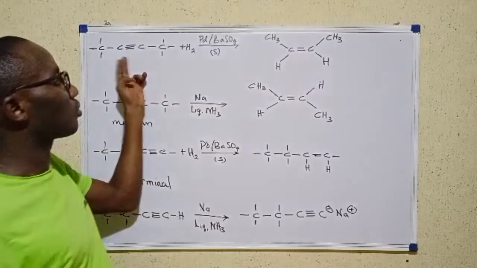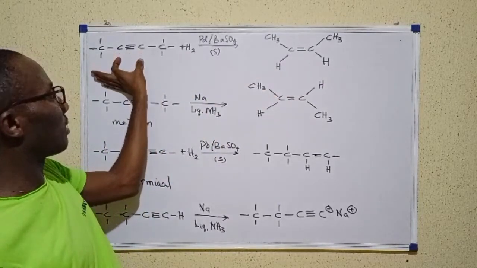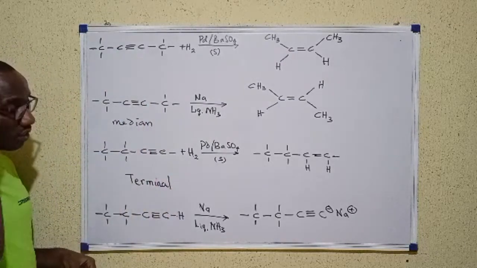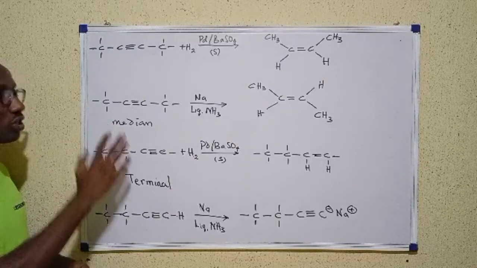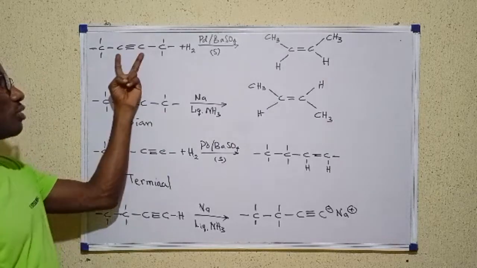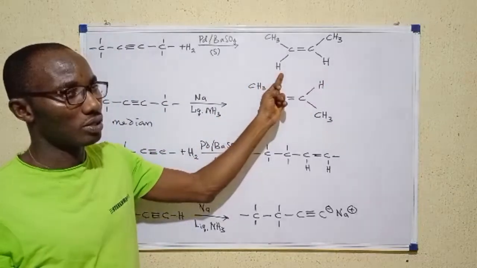And if you check what has really happened here, hydrogen has been added. So as a matter of fact, the reaction we are looking at is called hydrogenation. Like we said, this is hydrogenation. We are adding hydrogen to an alkyne. So two hydrogens have been added here, and there they are, the two hydrogens.